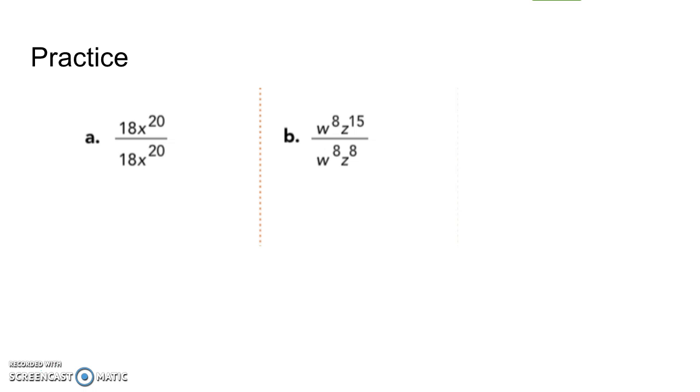Let's practice a little bit of division. Let's refresh our memories that the quotient rule said when we divide and we have the same base, we subtract the exponents. Now here I see coefficients that I have to deal with. I'm just going to do 18 divided by 18. What is 18 divided by 18? That's 1, so I can actually just cancel them out or just write a 1.